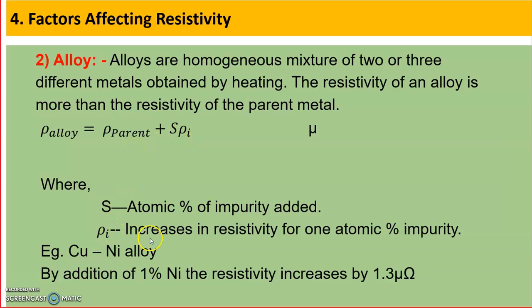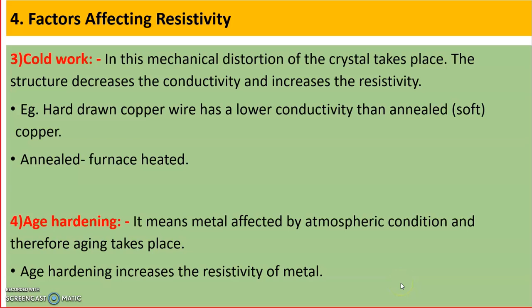And rho i is the increase in resistivity for an atomic percentage of impurity. An example is copper nickel alloy, means you add some percentage of nickel in copper. Suppose you add 20% nickel, then resistivity will be different. If you add 40% nickel, resistivity will be different. By addition of 1% nickel, resistivity will increase by 1.3 micro ohm. So that is the example.